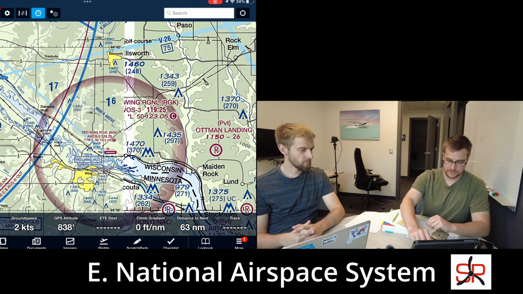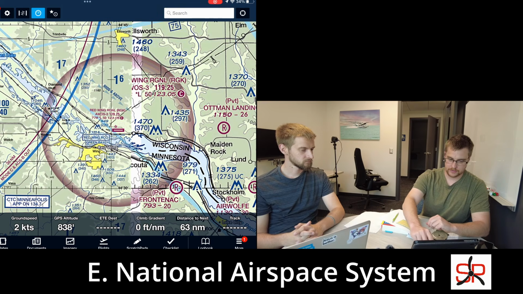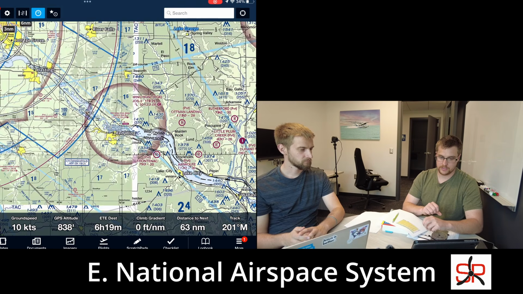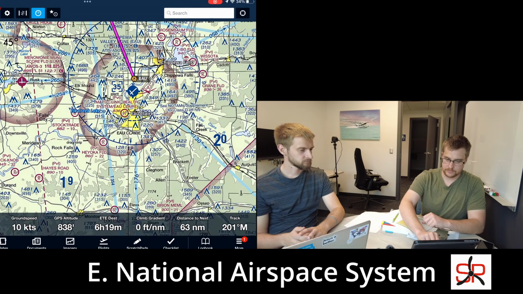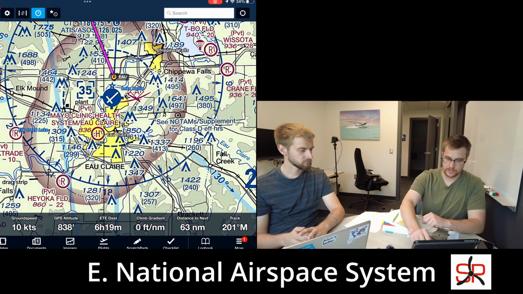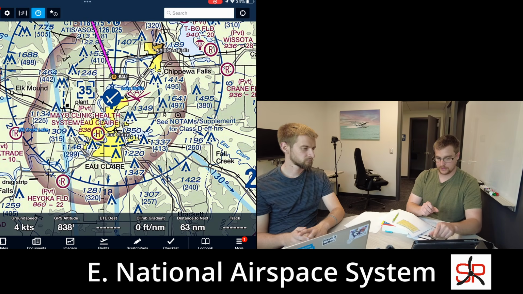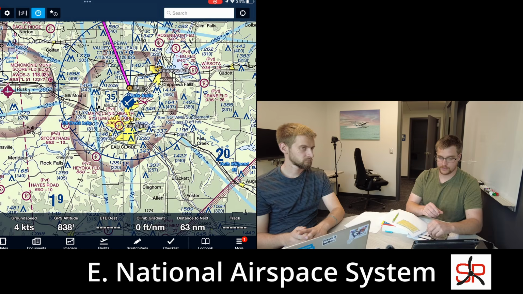Next. Yep, so around Red Wing, we have what is a Class E airspace. That's the shaded magenta here. Now that's Class E down to 700 feet AGL. We can keep going here. Eau Claire, the dash blue line, that is a Class Delta airspace that is surrounded by a Class E that's down to 700 feet AGL.